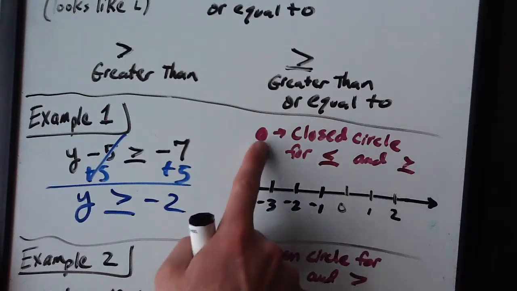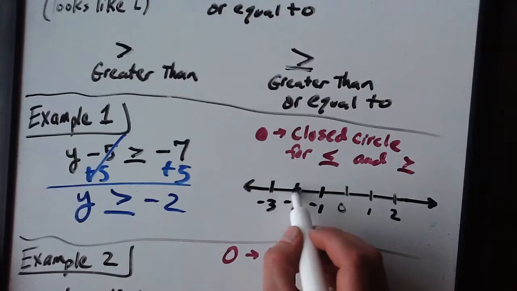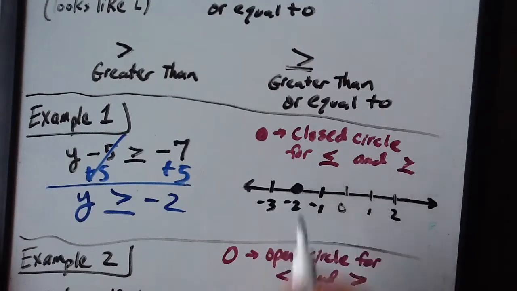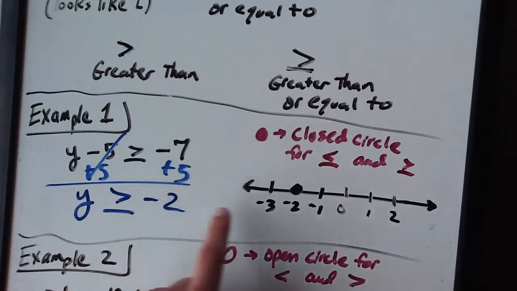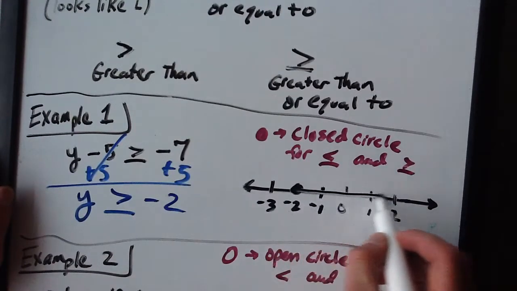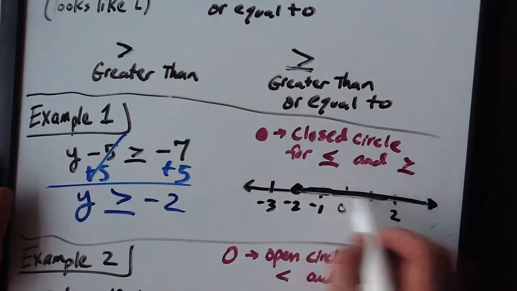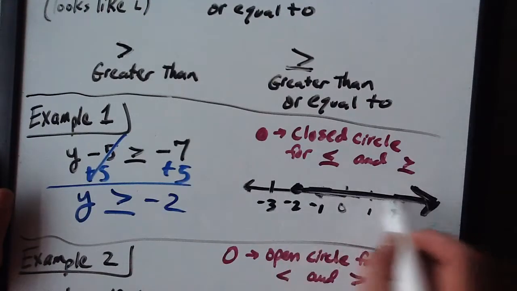So a circle that's colored in on that number. So here our number is negative 2. I'm going to use a closed circle. Okay? Now I want values for y that are greater than negative 2. So if it's greater than negative 2, I need to go to the right. So basically I'm shading all these values to the right of negative 2.